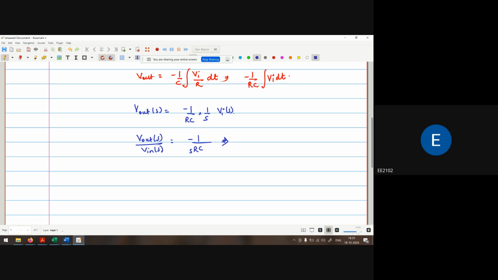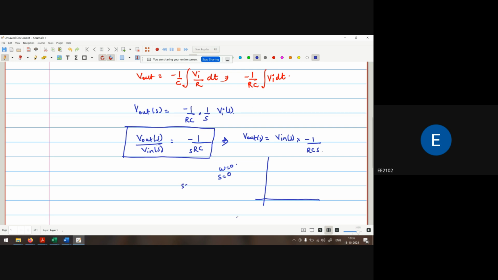Now it is clear. Any doubt? Yes, sir. Okay. If you want to check the frequency response of this one, V out is equal to Vi of S into minus 1 upon RC S. Now for the lower frequencies, when omega becomes 0, that means S is also 0.